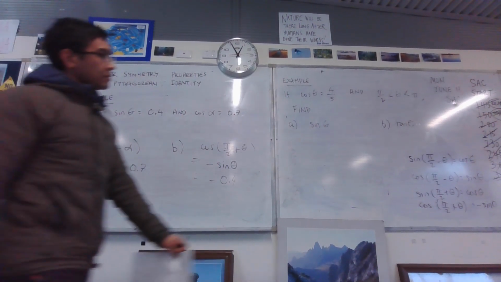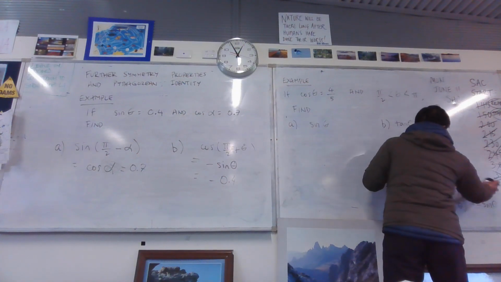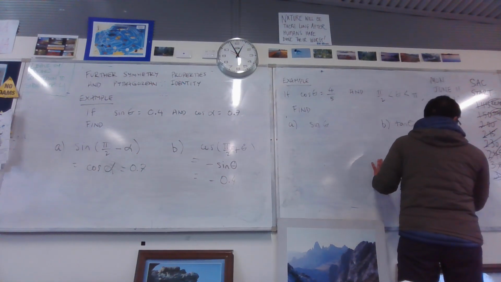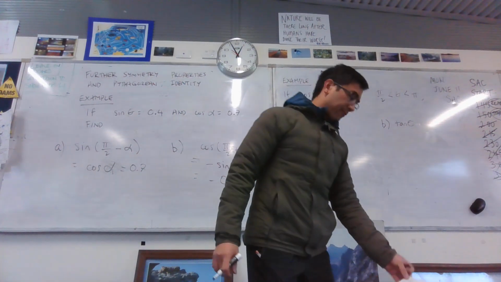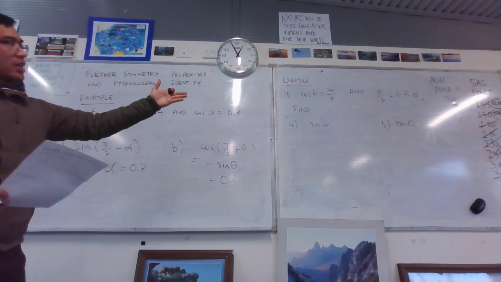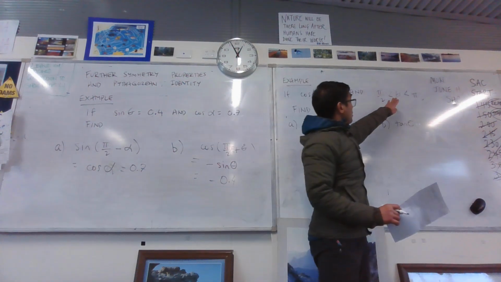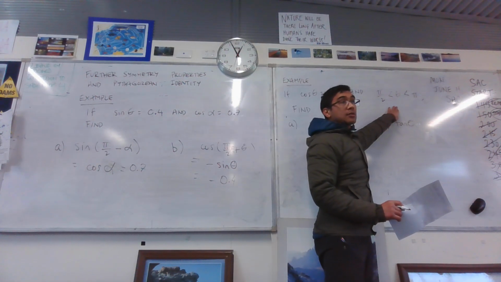Gonna wipe this off, create some space. There's two ways to do this. You might find another way. When you have been given a ratio, what should we do with this?